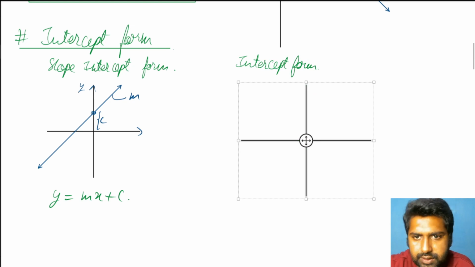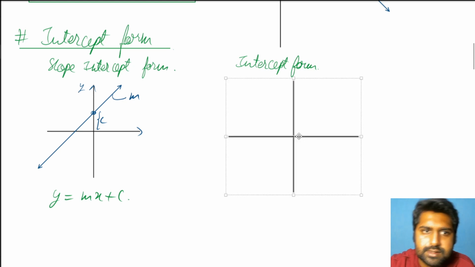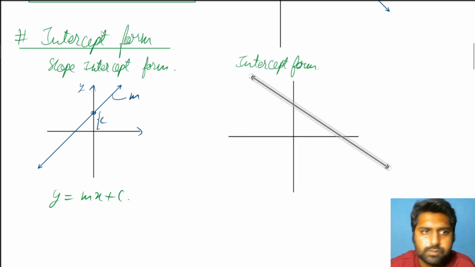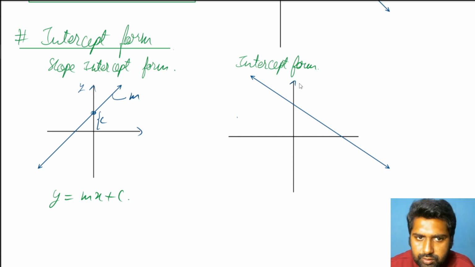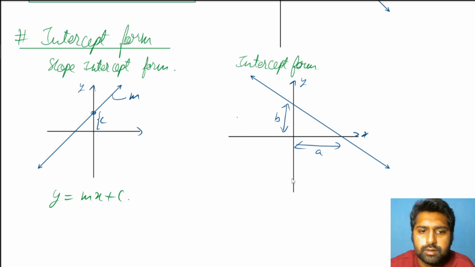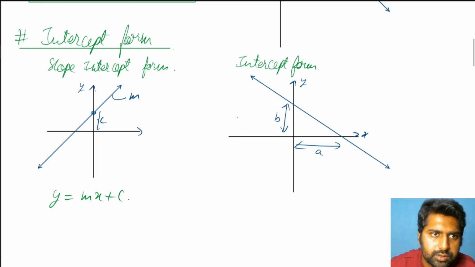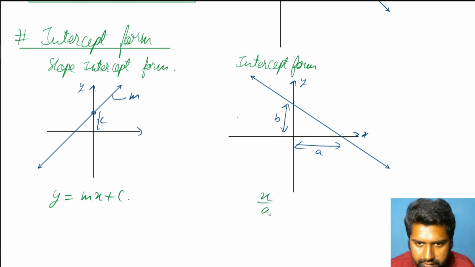Whereas this situation, intercept form, goes like this. One line. Suppose it is intersecting or cutting x-axis and y-axis. X-axis at a distance of a, y-axis at a distance of b. In that scenario, the format goes like this: x upon a plus y upon b is equal to 1.